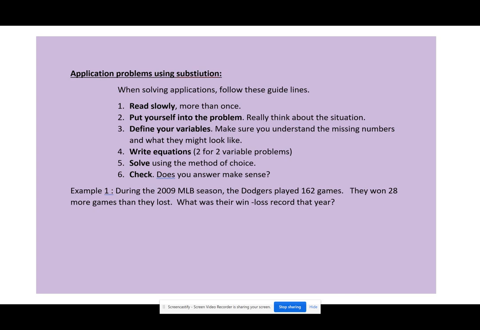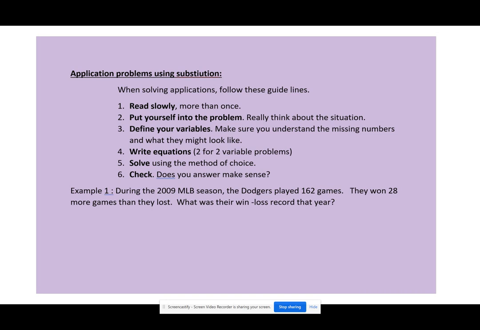And the first part of the math is to define your variables. Make sure you understand what the missing numbers are in your problem. What is the actual question they want you to answer? What might those numbers look like? Define your variables. And then, step 4, we're going to write equations.